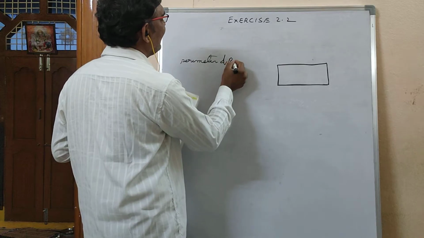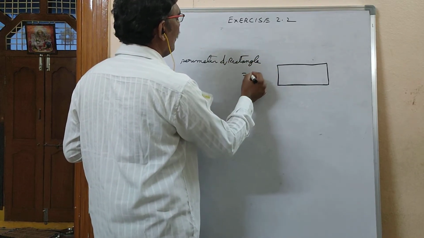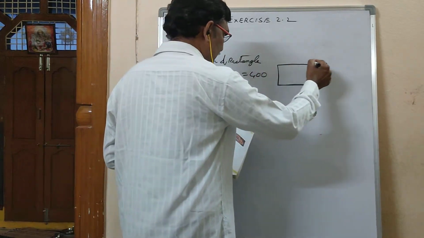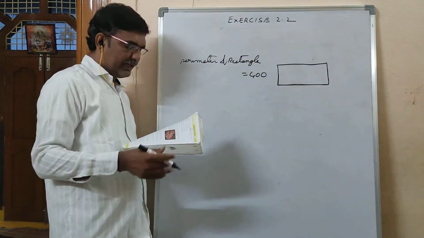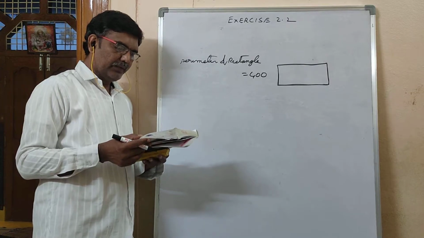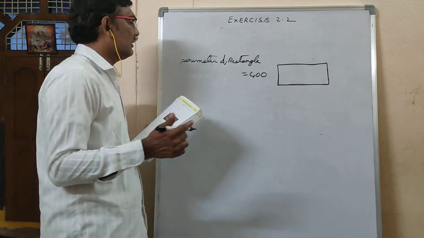Perimeter of the rectangle is equal to how much they have given? 400. Perimeter means the distance around the rectangle. The length of the field is 26 meters more than the breadth.